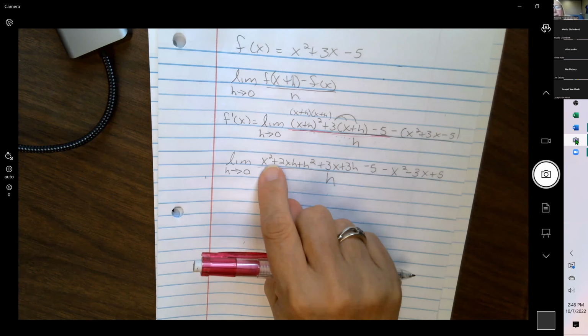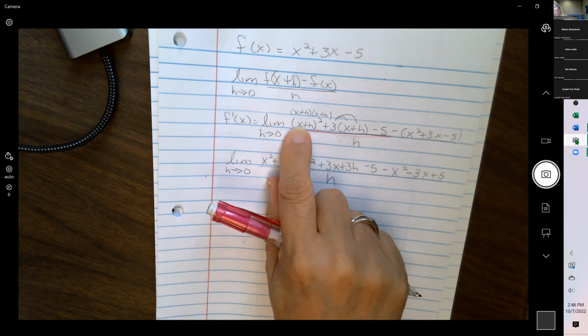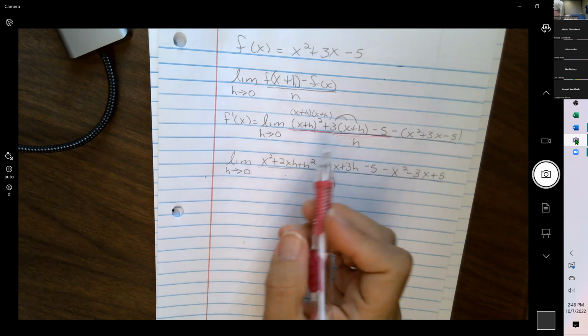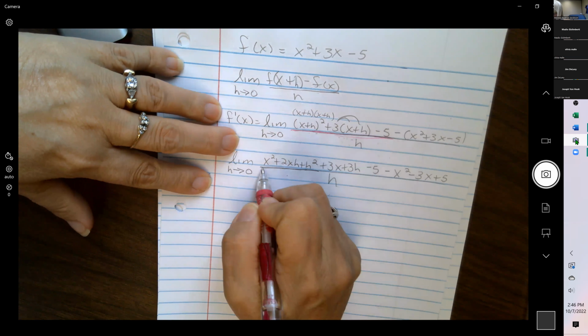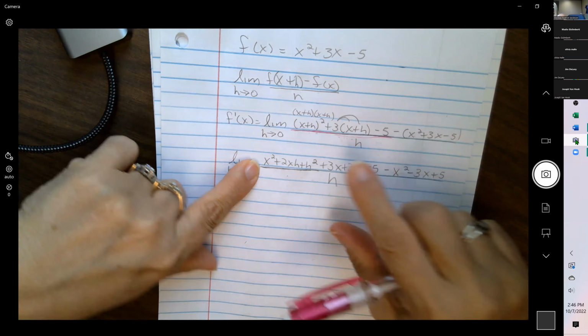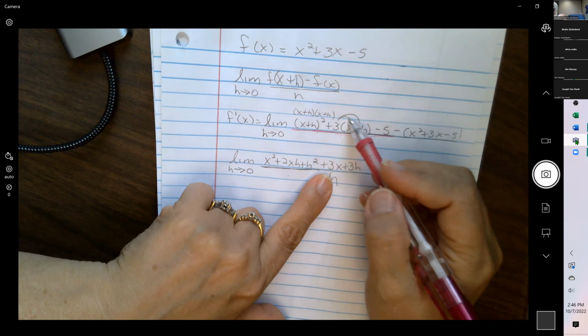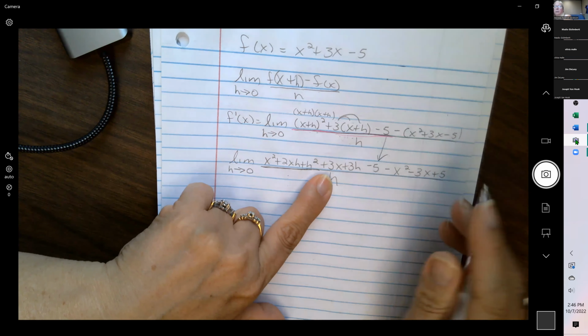Now to get these, you multiply everything out. So x plus h squared, that's this. This whole thing is the squared one. And then these two come from the 3x plus 3h. And this is the minus 5.